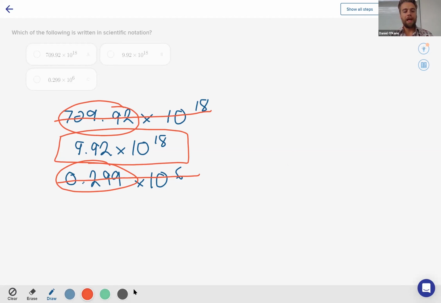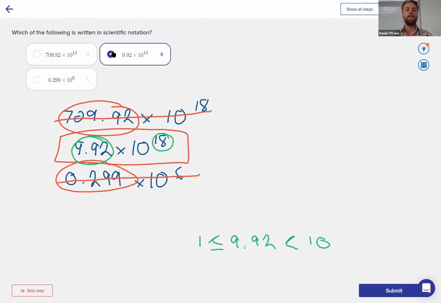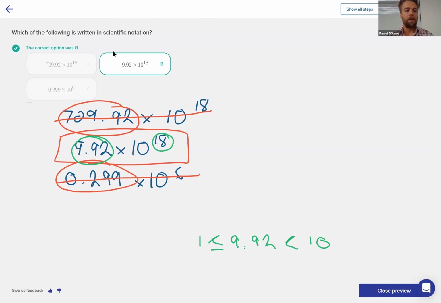So the 2 checks on whether a number is correctly in scientific notation is to see that the number at the front, 9.92, needs to be between 1 and 10, okay? And then that power of 10 needs to be an integer. So 18 is an integer, so that means that yes, 9.92 times 10 to the power of 18 is the only number here written in scientific notation.